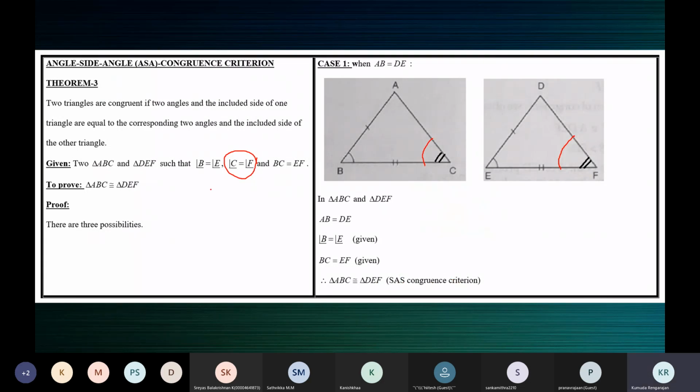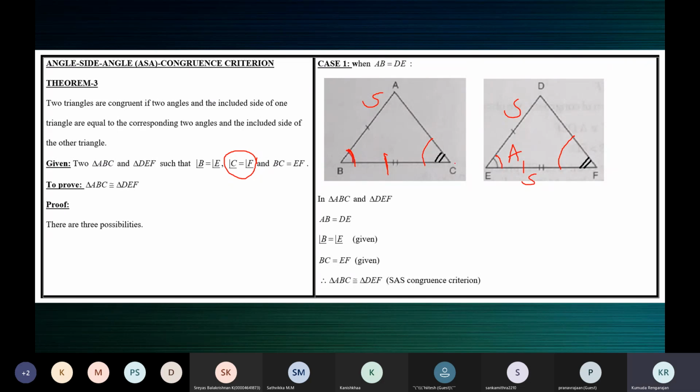So to use SAS, we are making use of two things which are given to us: this angle and this side, A and S. We are concerned about how the sides AB and DE must behave in order to use SAS. Here, this is A, this is S.